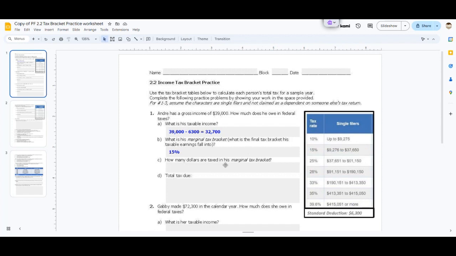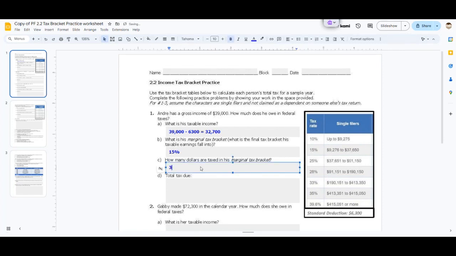All right. How many dollars are taxed in his marginal tax bracket? So how many dollars fall into this range that will be taxed at that 15%? In order to do that, we need to figure out how many dollars fall in there, which would be the last taxable dollar that he earned, $32,700, minus the dollars that fell into any earlier bracket. For him, it's only one earlier bracket, which is $9,275, which were taxed earlier at 10%.